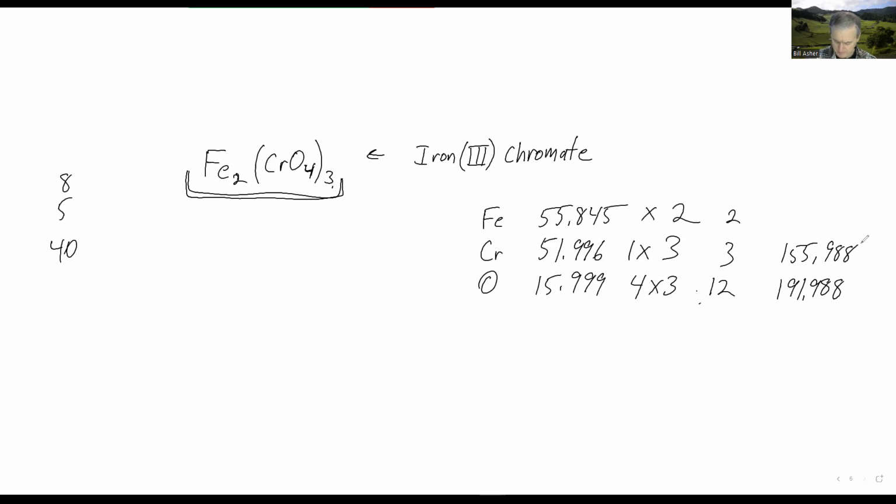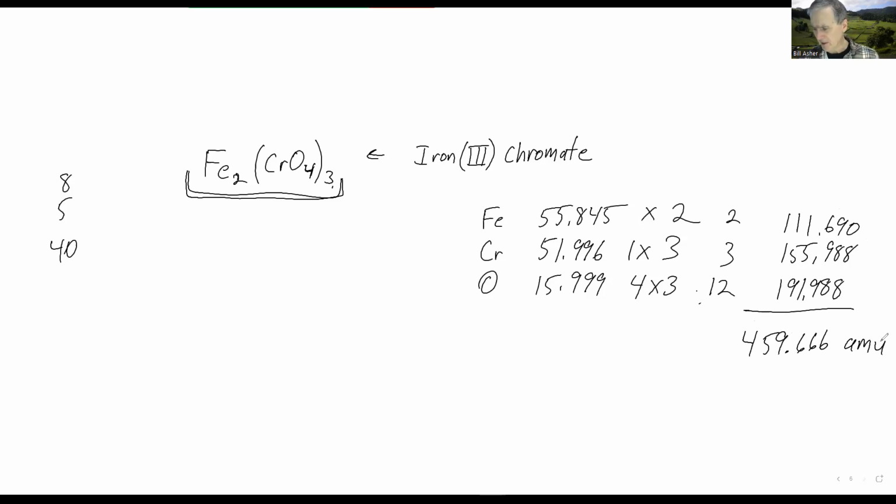And then 2 times 55.845 is 111.690. And you add them all up, and you get the formula mass for iron 3 chromate of 459.666 AMU. Okay. Hopefully that's relatively clear.